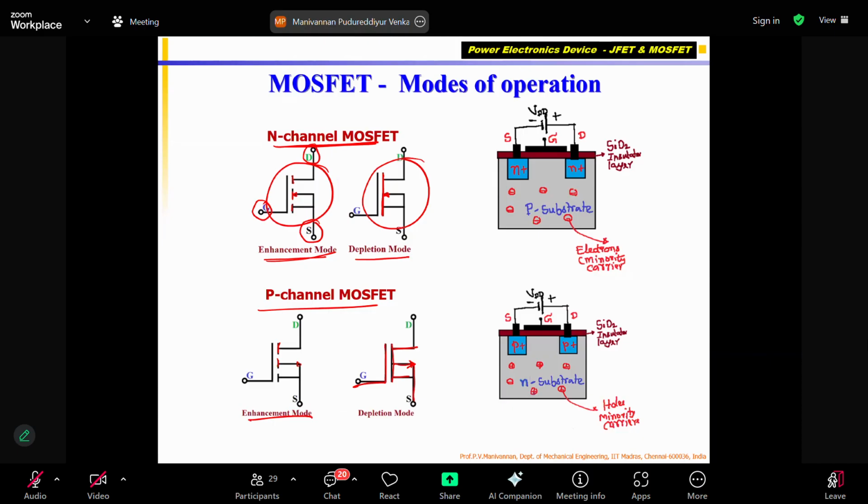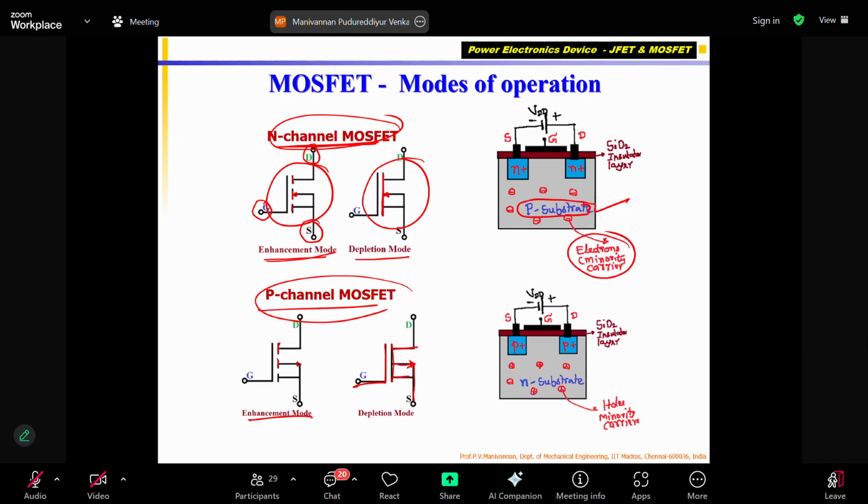Now, that is the symbolic representation. Next, the constructional view: how P-type and N-type MOSFETs look. We are talking about the N-channel MOSFET and the P-channel MOSFET. Similar to what we just talked about for the FET, you take a P substrate. Correct? This is the N-channel MOSFET. We are taking a P substrate, which has electrons as minority carriers.